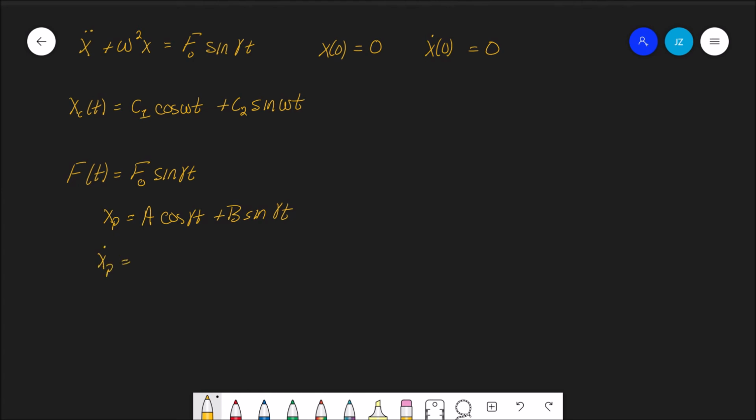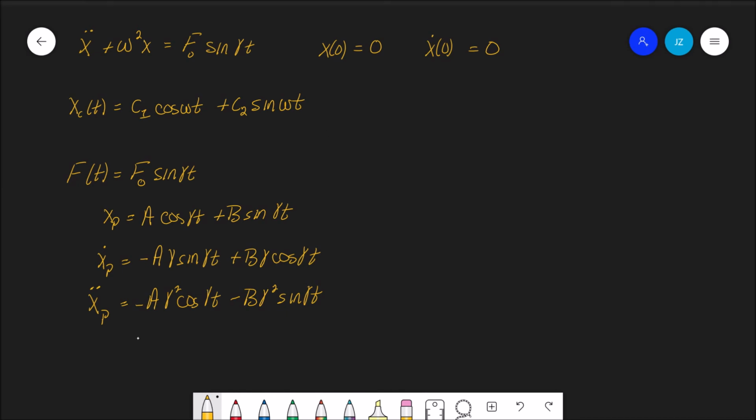So x dot is negative a gamma sine gamma t plus b gamma cosine gamma t, and x double dot is negative a gamma squared cosine gamma t minus b gamma squared sine gamma t.